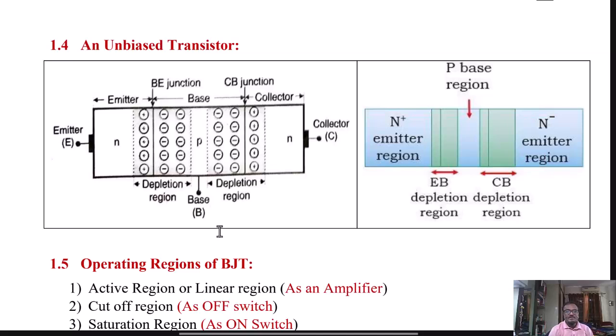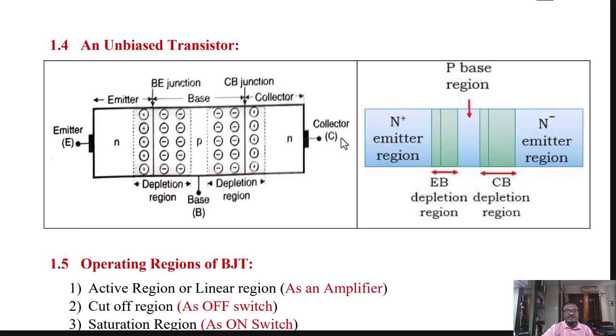For the sake of simplicity, we will consider the NPN device for the discussion. Here you will see N type of emitter area, P type of base area, and N type of collector area. In this figure, the base is shown somewhat wider.